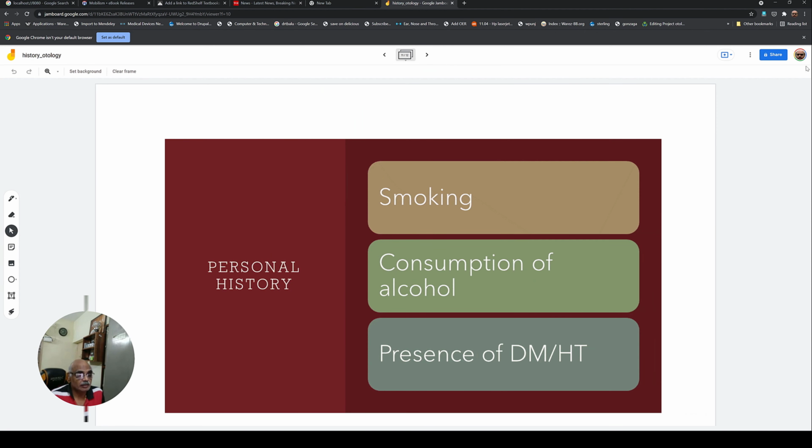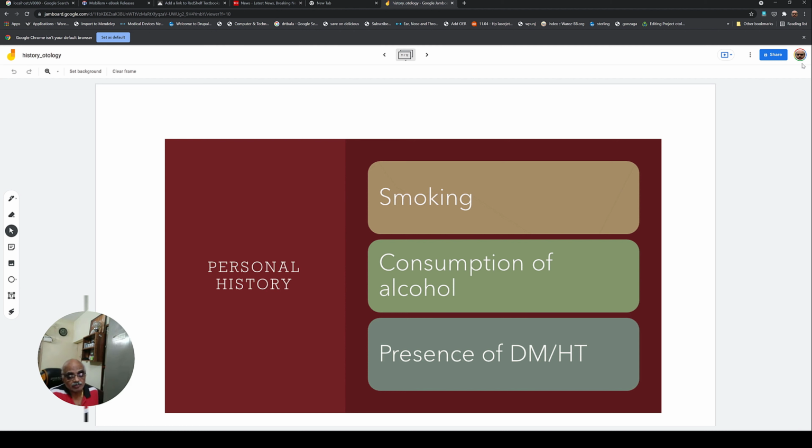Then personal history: the examiner should spend some time eliciting personal history pertaining to the habits of the patient. The patient may be a smoker. If the patient is known to consume alcohol, the exact quantity of consumption per day can be asked and documented.